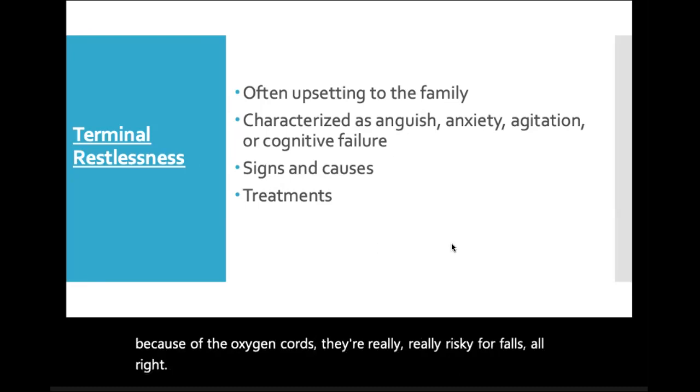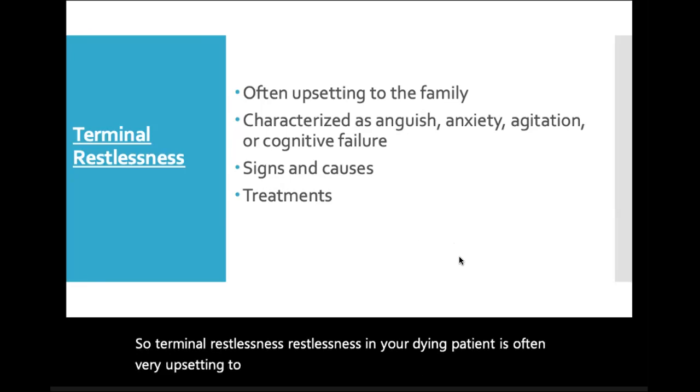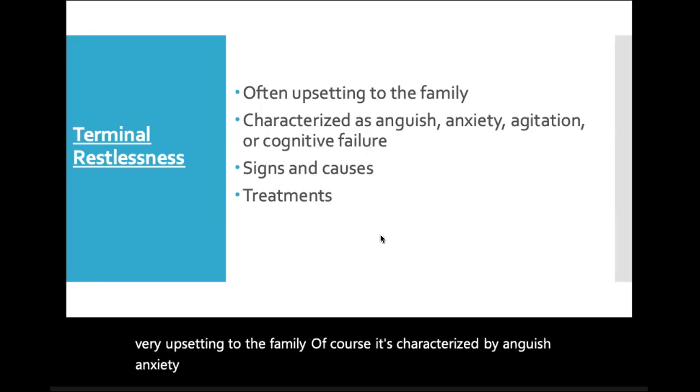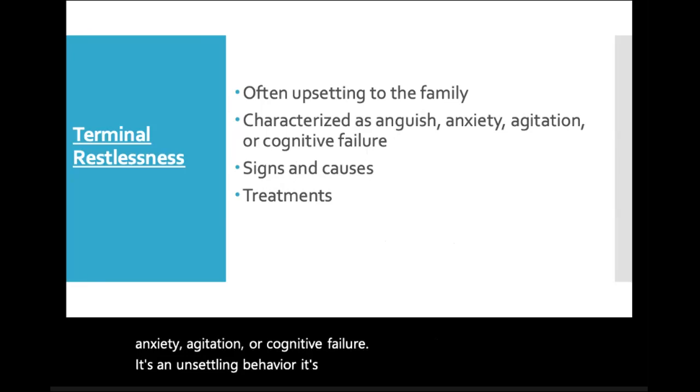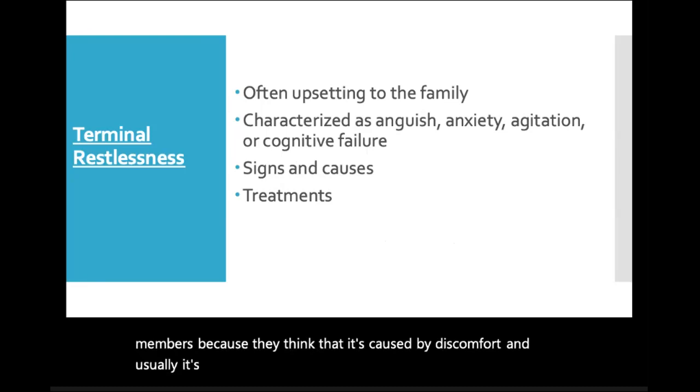So terminal restlessness in your dying patient is often very upsetting to the family, of course. It's characterized by anguish, anxiety, agitation, or cognitive failure. It's an unsettling behavior. It's often upsetting to the family members because they think that it's caused by discomfort. Usually you see it with fidgeting, moans, groans, grimaces.